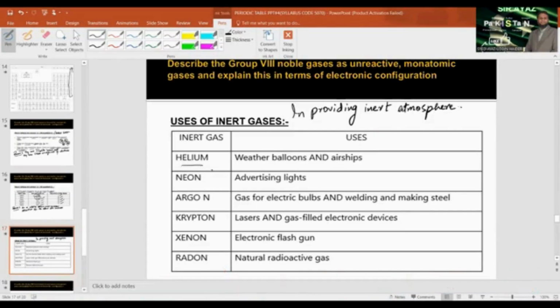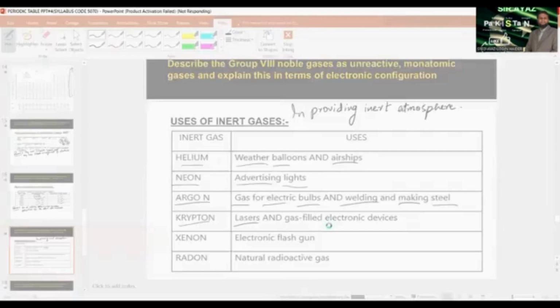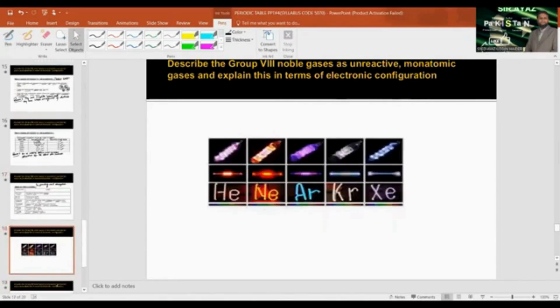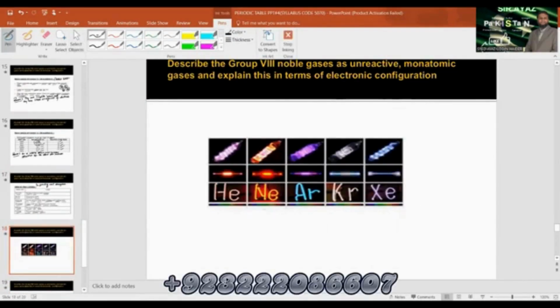Some uses: helium for weather balloons and airships, neon for advertising lights, argon gas for electric bulbs and welding and making steel, krypton for lasers and gas-filled electronic devices, xenon for electronic flash guns, radon is a natural radioactive gas. So these are the inert gases or noble gases.